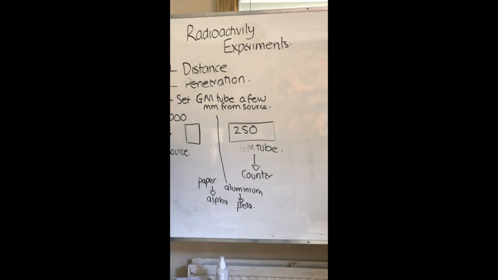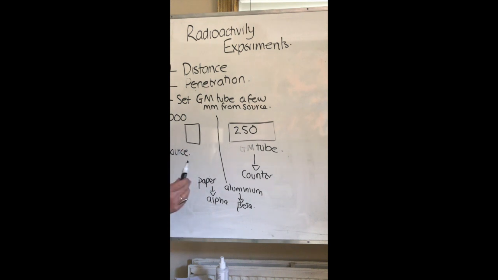The particles in the paper are further apart than the particles in the aluminium. So there is much more chance of the alpha losing all its energy as it moves through the paper than the beta. When the beta hits the aluminium, the particles are close enough together for the number of ionisations to use all the kinetic energy of the beta.